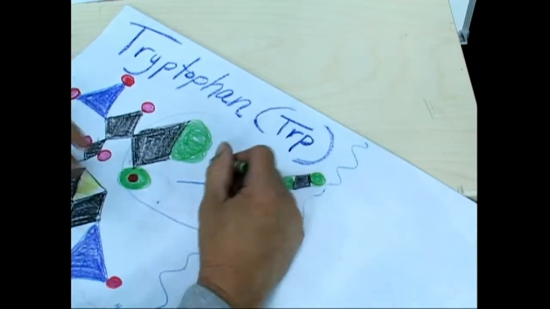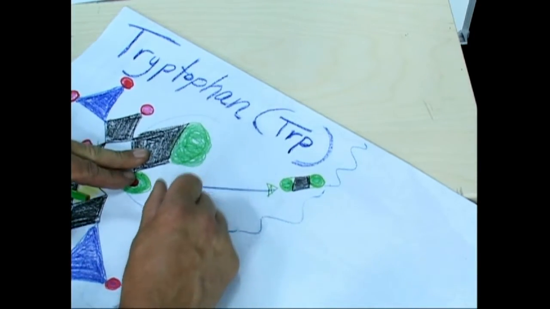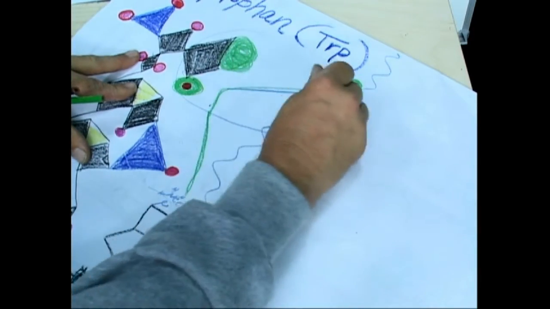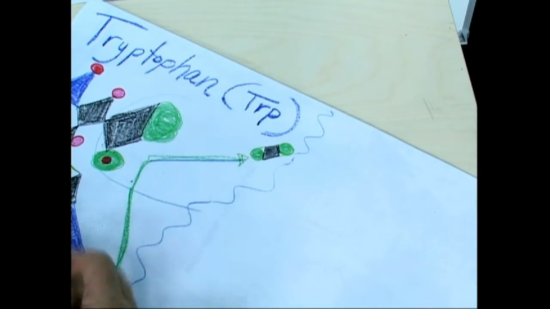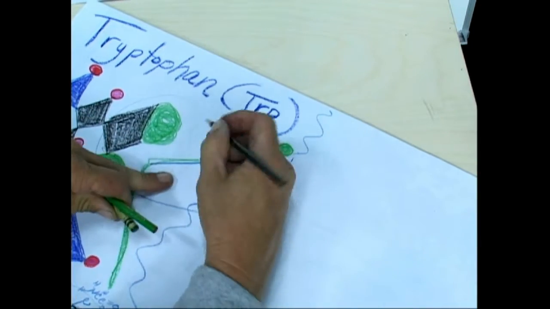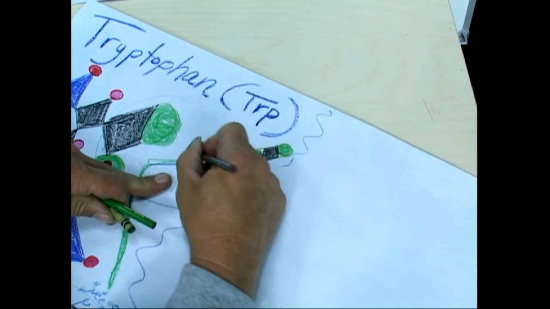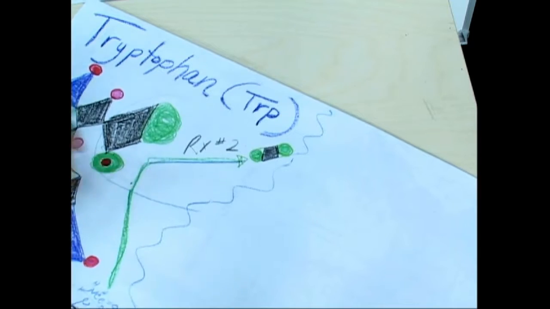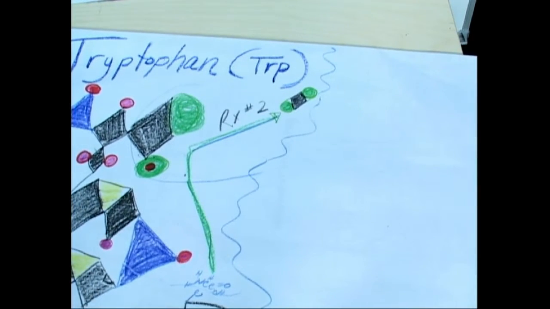So here we're going to write, actually it should be from down here, huh? Call this reaction 2. We'll take away CO2.